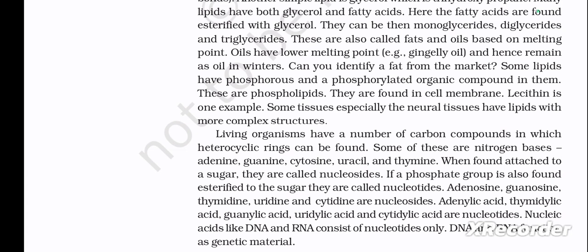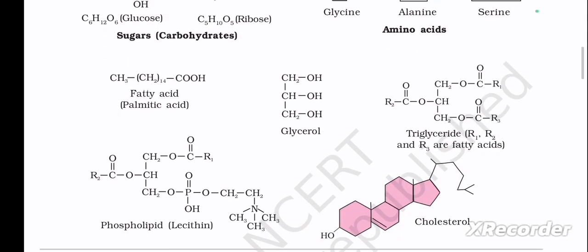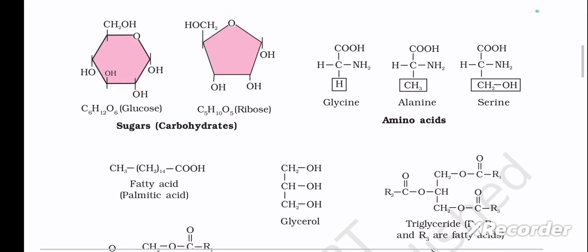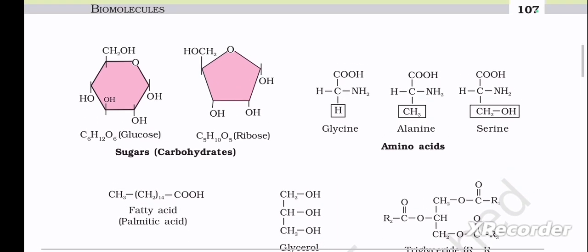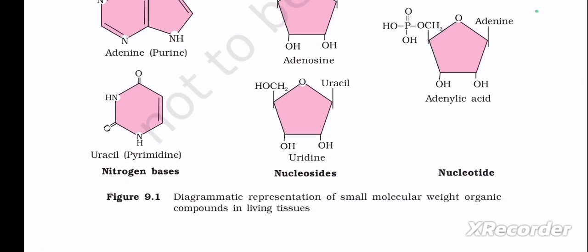Nucleic acids like DNA and RNA consist of nucleotides only. DNA and RNA function as genetic material. So on the next page they have given the examples of sugars, that is carbohydrates, amino acids, fats and oils, that is lipids, and also nitrogen bases, uracil, pyrimidine, nucleosides, uridine, nucleotide also.